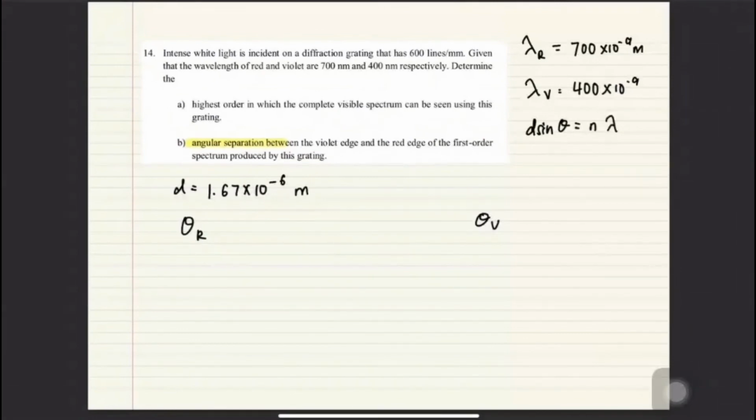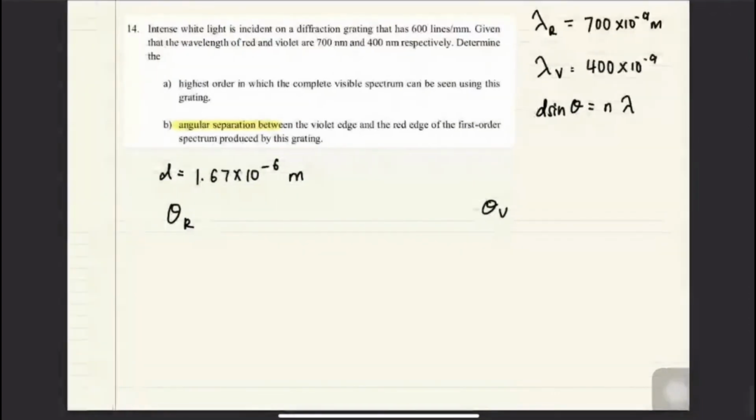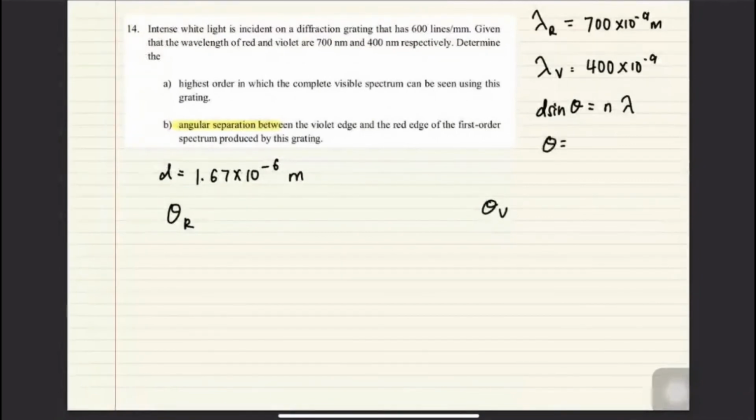So N je lah. And then kamu punya theta tu, kalau kita nak kira, theta is equals to sin inverse N lambda over D. Okay, N dia ni sama dengan berapa? Sorry, N sama dengan berapa? Oh, satu. Satu je kan? So dia kata order. So N dia equals to 1.